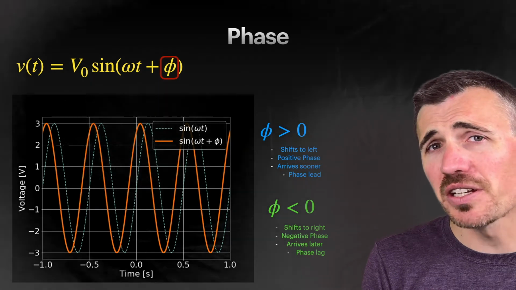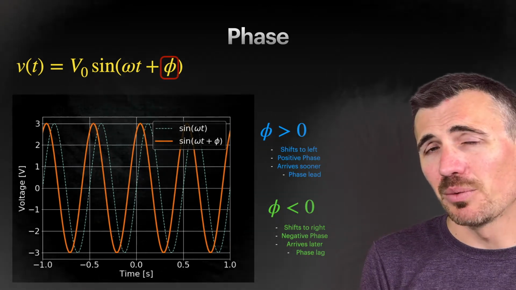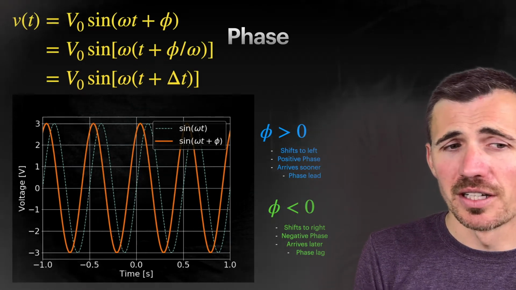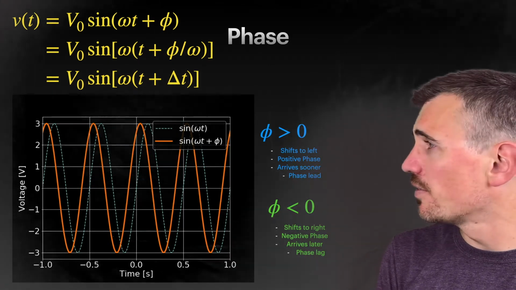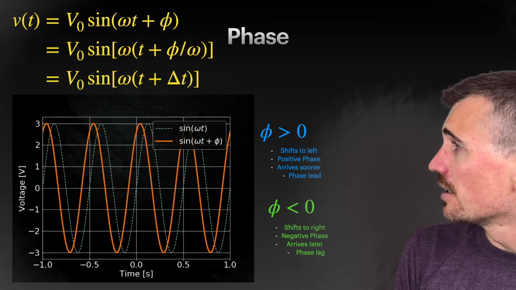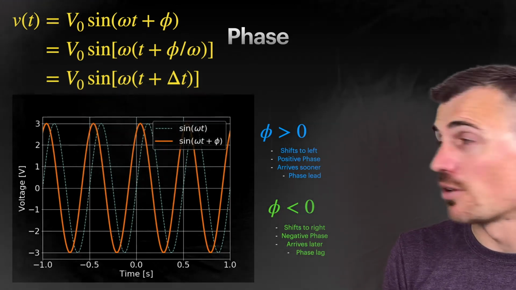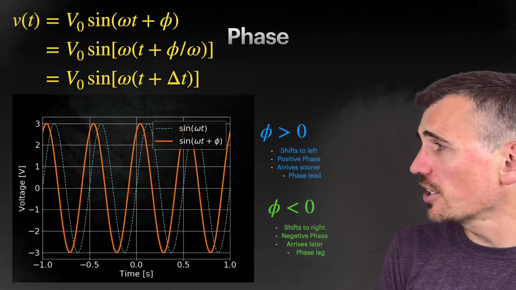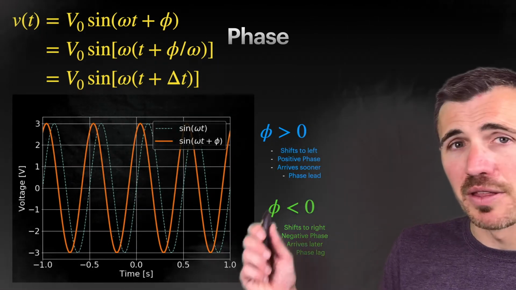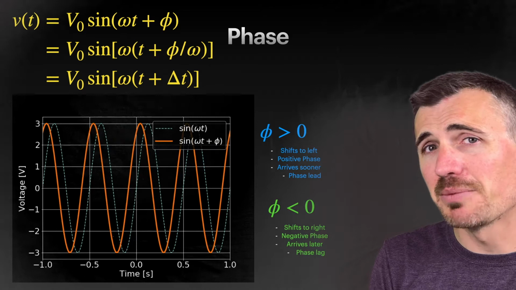But again, a phase shift is just a shift in time, and we can actually explicitly write that out. So let's factor out the omega here, and we see we have omega times t plus phi over omega, or phi over 2 pi f. Okay? When we get that, we actually have t plus some other thing, and that's just units of time. That's a time shift.